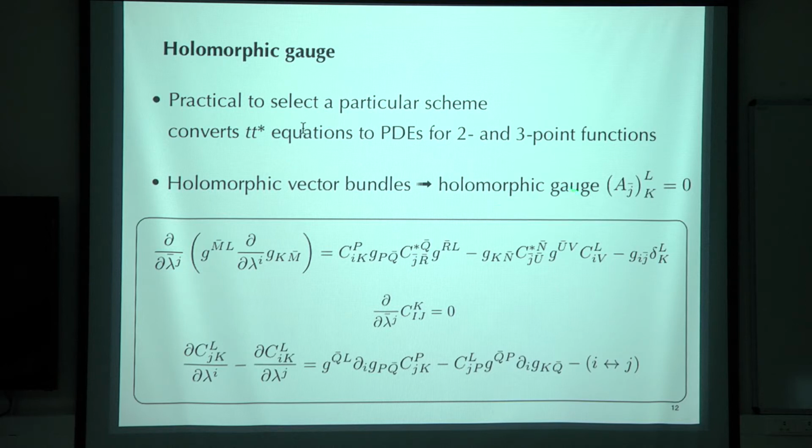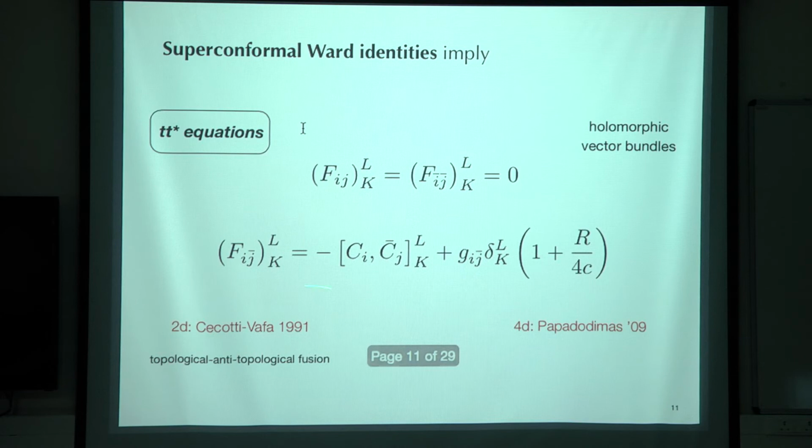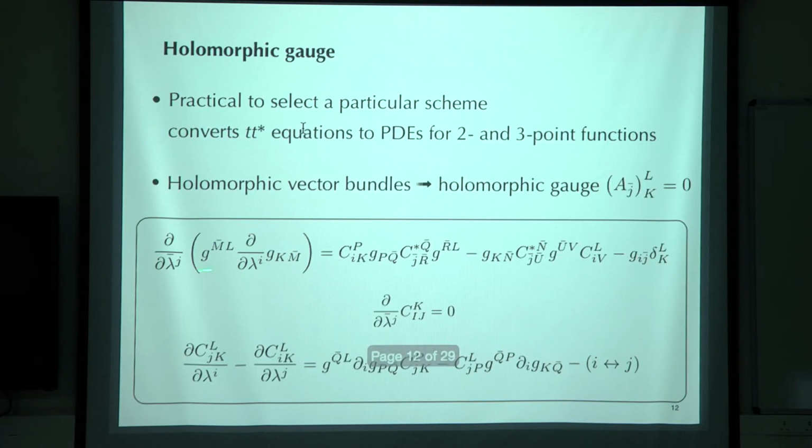So a convenient choice is to go to the so-called holomorphic gauge, where these components of the gauge connection are 0. Then you find out that all the remaining components of the gauge connection can be expressed in terms of 2-point function coefficients, and that converts basically these equations here into systems of partial differential equations of this form. Okay? So I've summarized them here in this particular set of conventions.